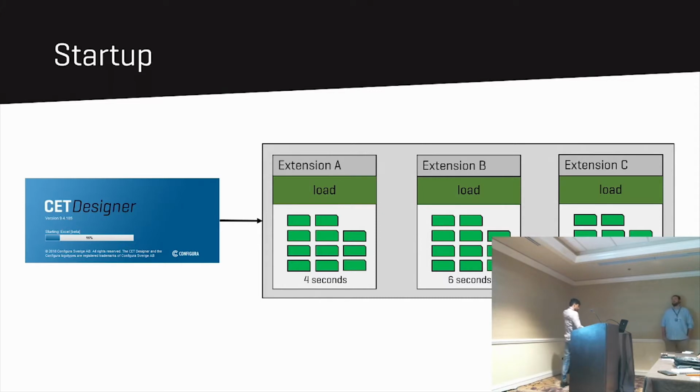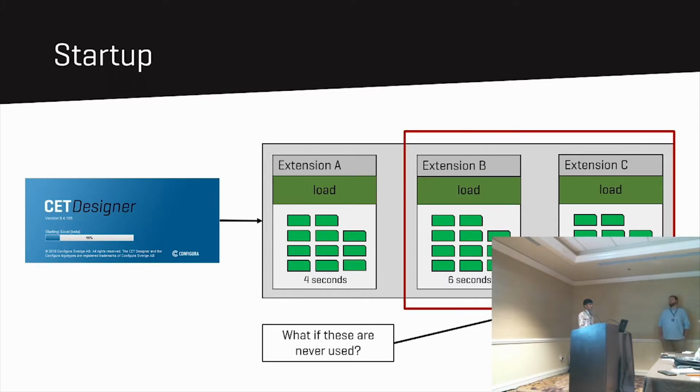And it becomes really frustrating for the user, especially if he only wants to use extension A. If he wasn't intending on using extension B and C, why would we have to spend precious load time initializing resources, initializing databases, and establishing connections with servers and such for extensions B and C? It adds no value to the user's experience, so we're basically just wasting time here.